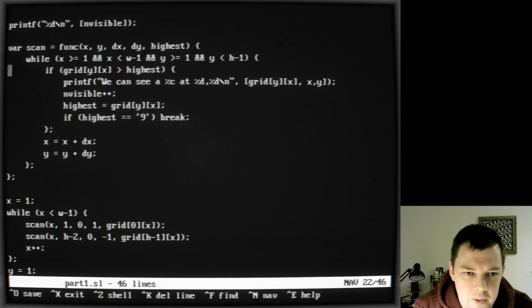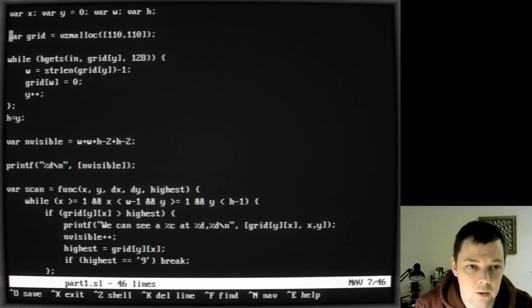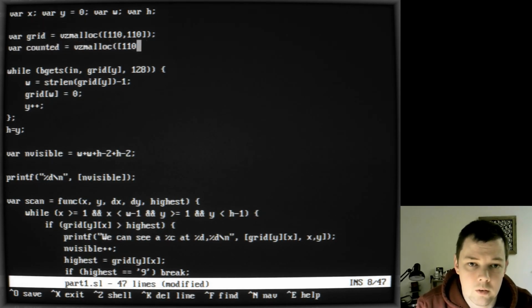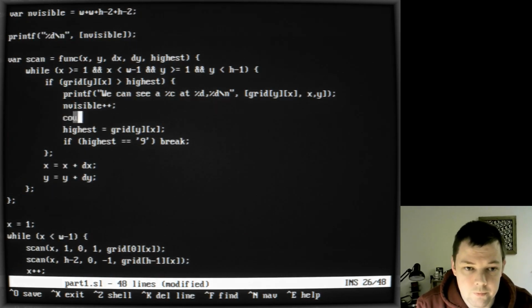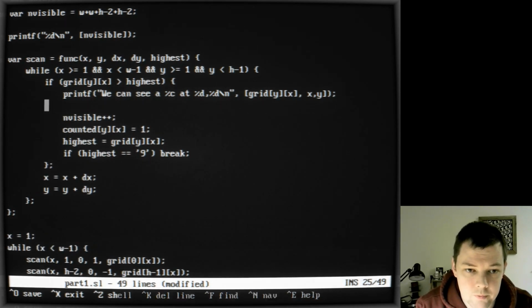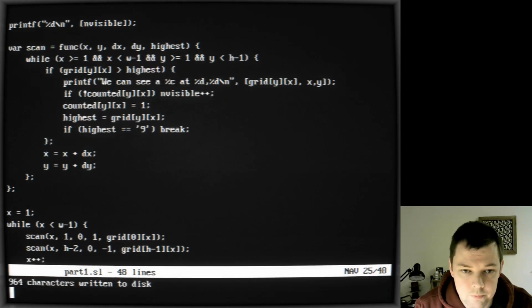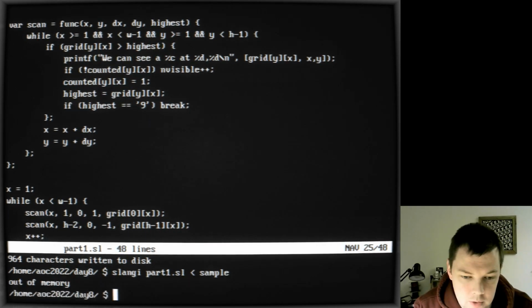What we will do is, once we've counted a tree, let's just have another. Out of memory.